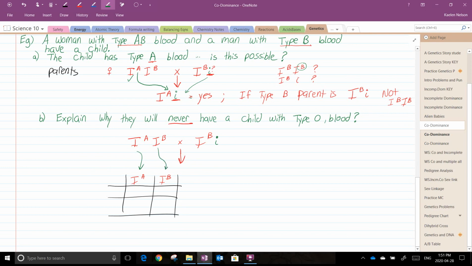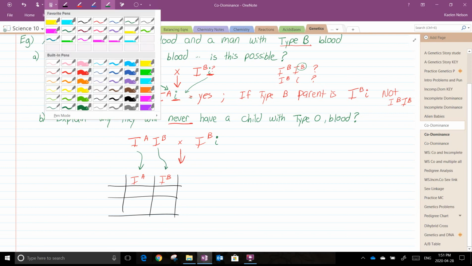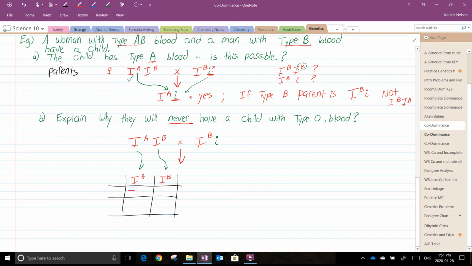And I separate her gametes, every time, every square is going to have either an A or a B. Okay, I know my man is type B, and from the previous question we assumed he was a little i.